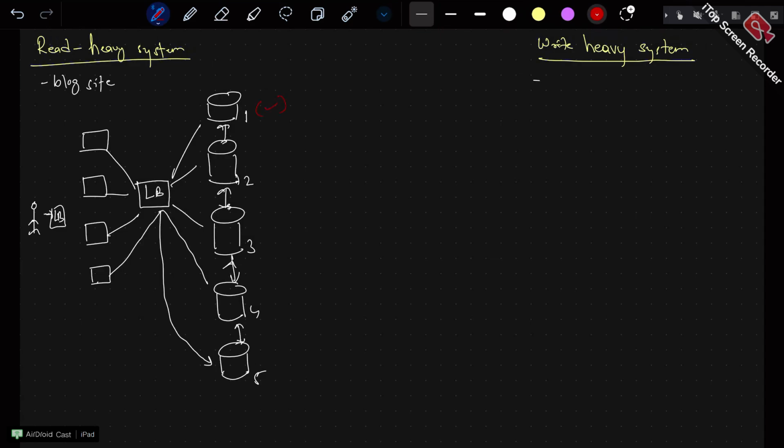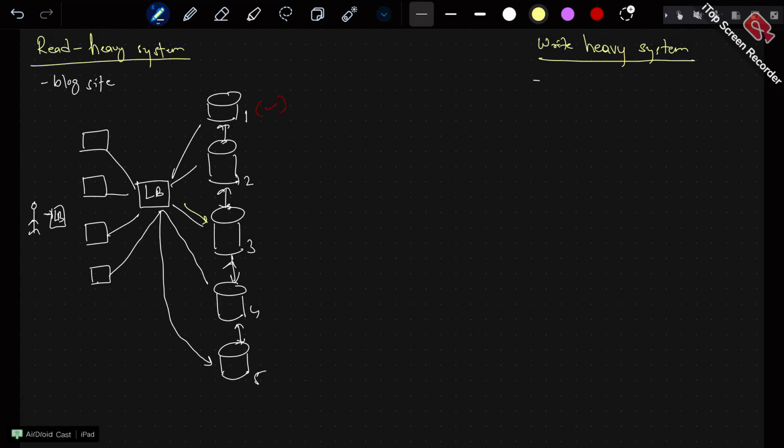Right, but by the time they are communicating among each other, a request has come to, for example, database 3, and there was no information that the latest write has happened.